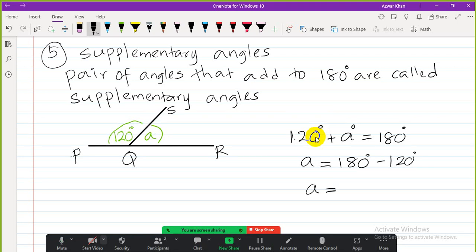That means A is equal to 60 degrees, because we know supplementary means the sum adds up to 180. So I can write 120 plus A is equal to 180. 180 degrees minus 120 is equal to 60 degrees.